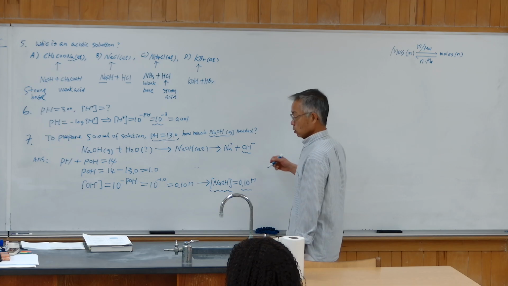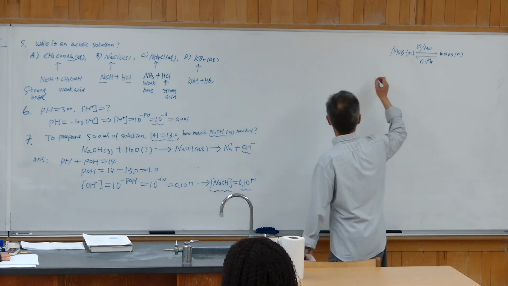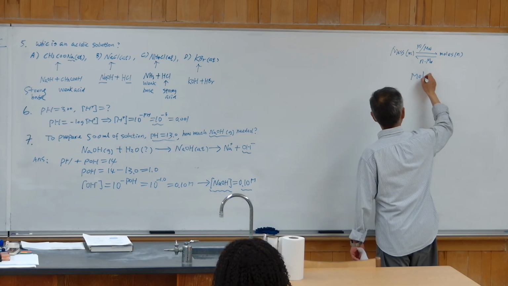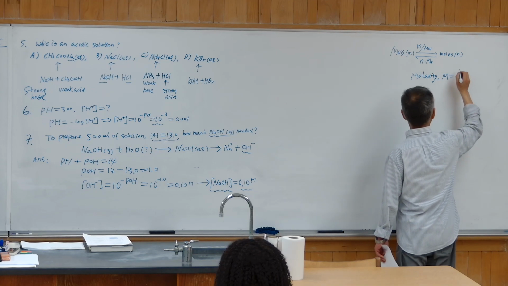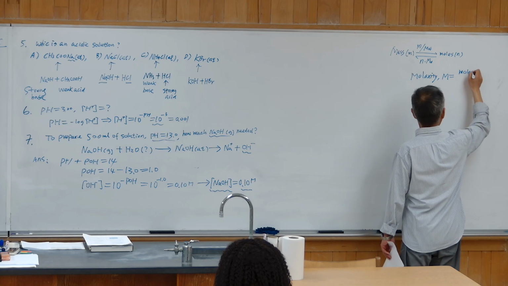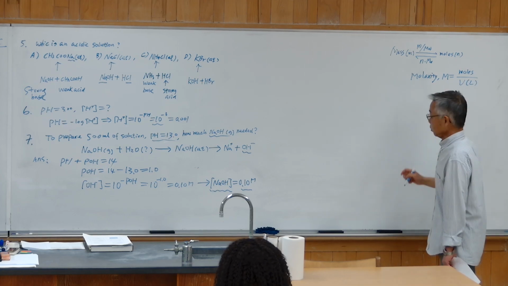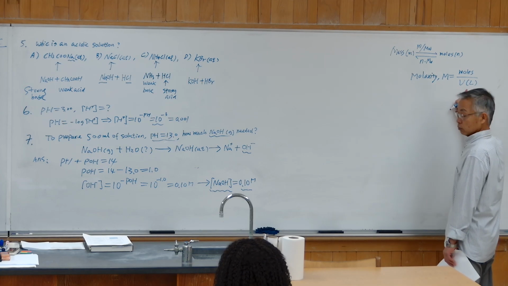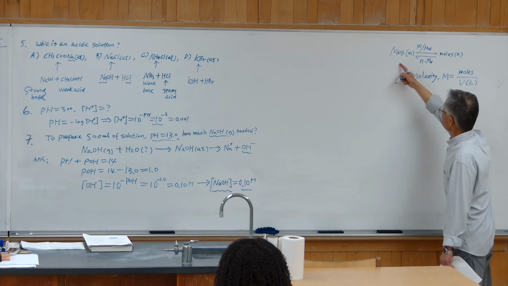Now you have molarity, you have volume. You remember molarity, which we learned in Chem 1, right? Molarity equals moles divided by volume in liters. We have molarity and we have volume, so molarity times volume gives moles. Then from moles back to mass.